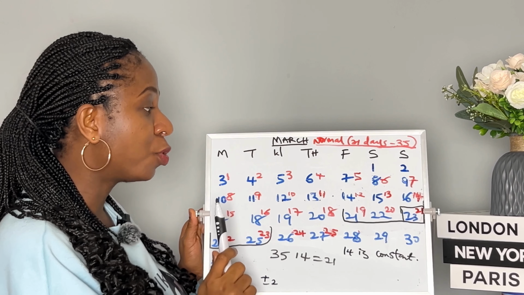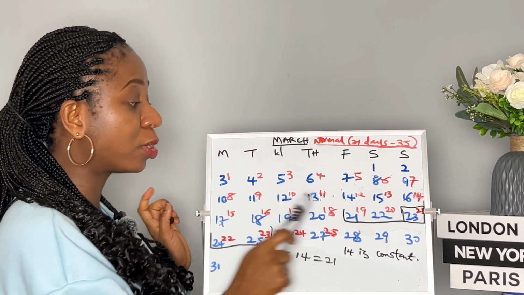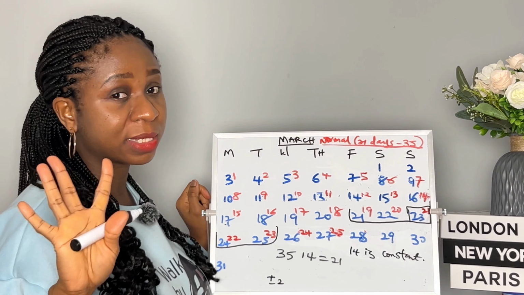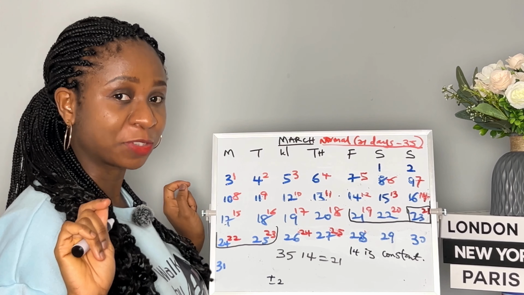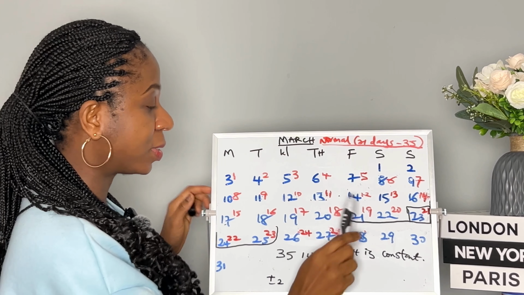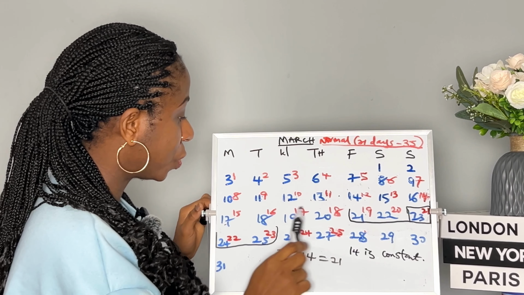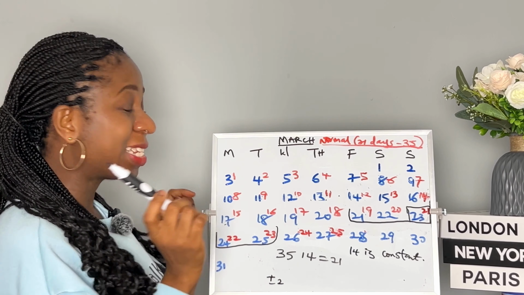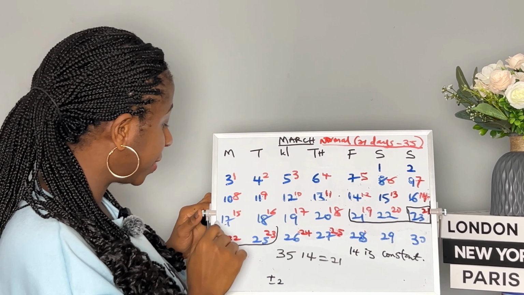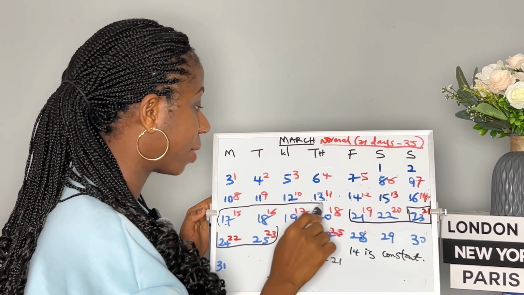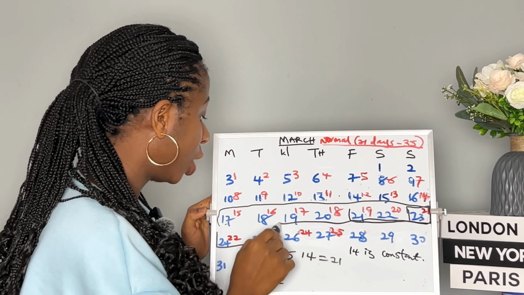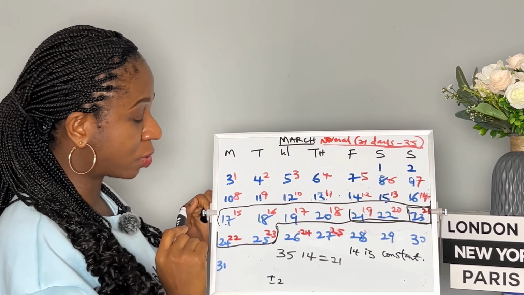And her fertile window would start 5 days prior to the earliest date she could ovulate. That's basically because spermatozoa stays up to 5 days in the female reproductive tract when there is sexual intercourse. So 5 days prior would be 1, 2, 3, 4, 5. So this lady is considered fertile from the 15th of her menstrual cycle up until day 23 of her menstrual cycle.